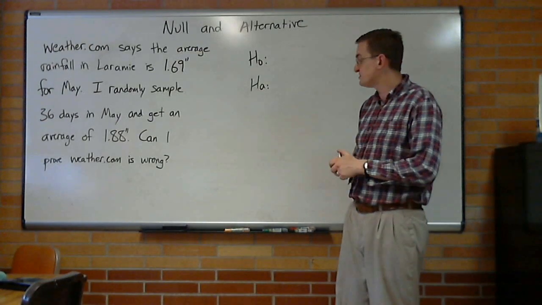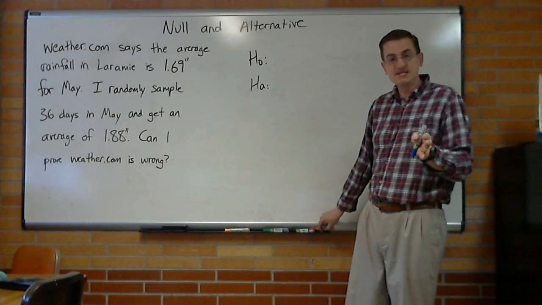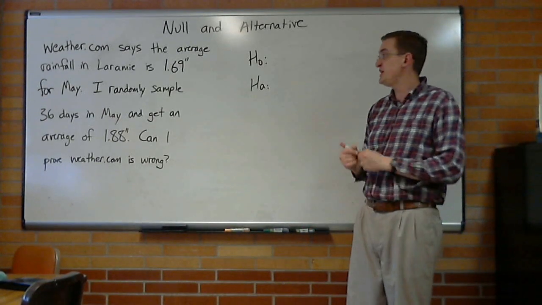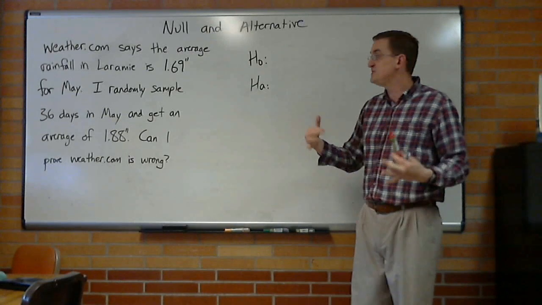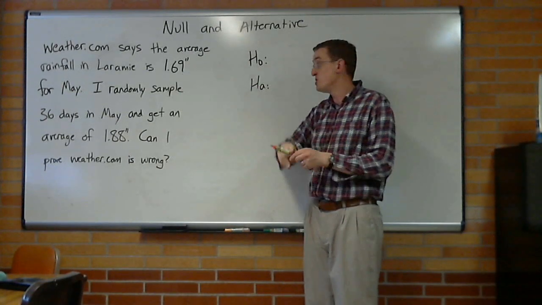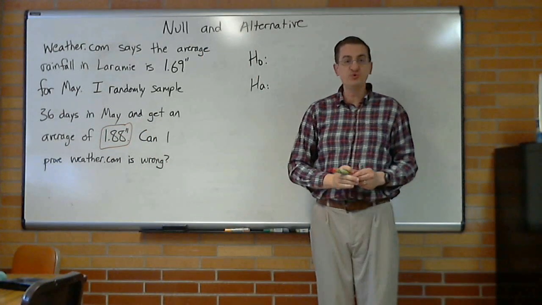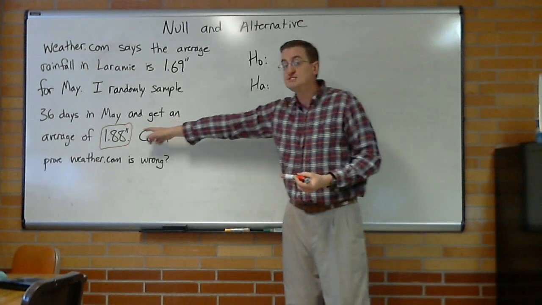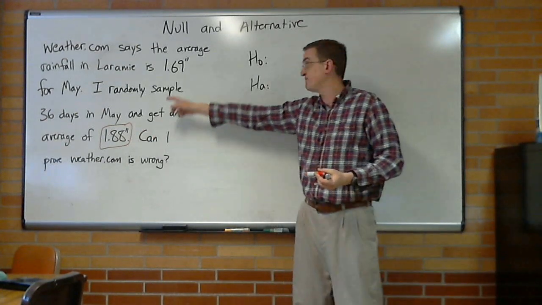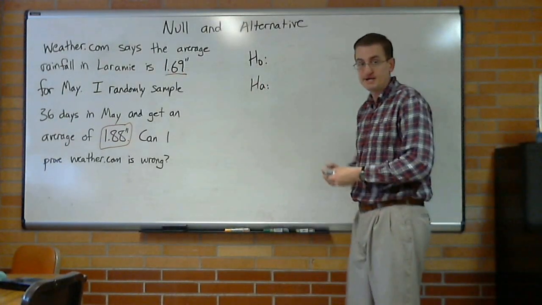So which of those two numbers is a parameter? Ask yourself, if I redid this study, which of these numbers would change? If I resampled 36 days, would this number change? The answer is no. But this number would change because that depends on who I randomly select. So that is not where my null and alternative come from. My null and alternative need to come from this 1.69.